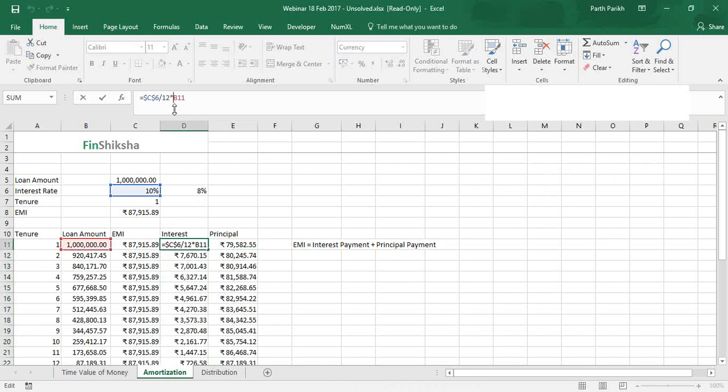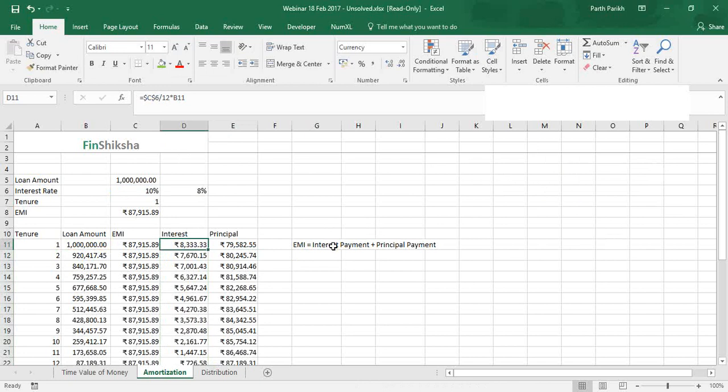I will pay interest on my loan amount, which is on 10 lakhs. So which is 8333, which is 10% divided by 12 multiplied by my loan amount. So I will pay 8333.